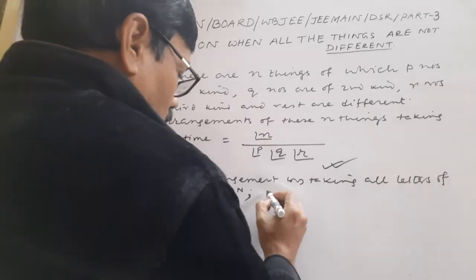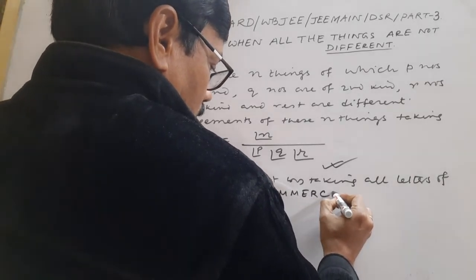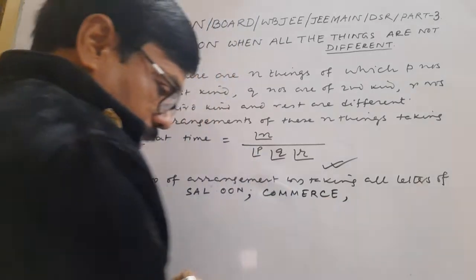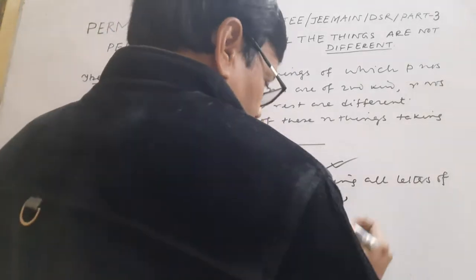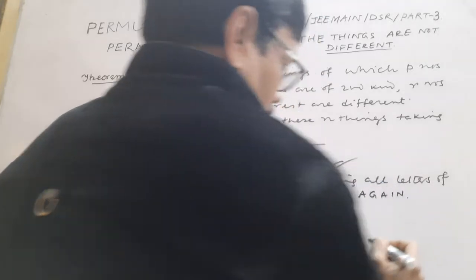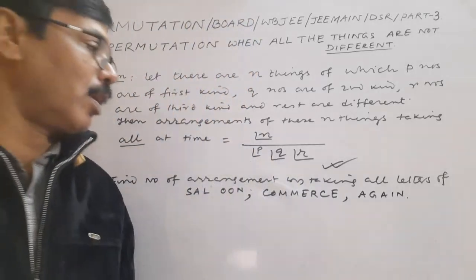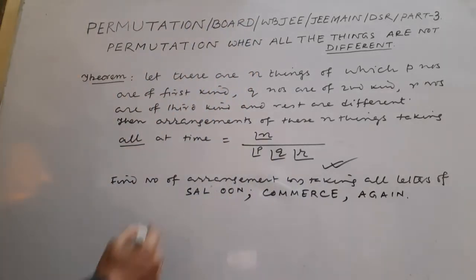Number 2, COMMERCE. Number 3, AGAIN. These are of 1 mark. Simplest.